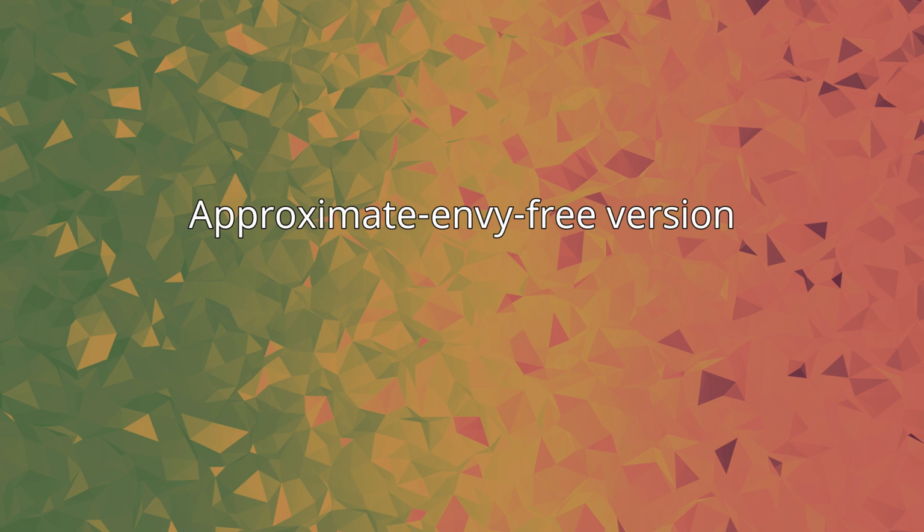A disadvantage of the approximate envy-free variant is that the pieces are not necessarily connected, since pieces are constantly returned to the cake and re-divided. See envy-free cake cutting #connected pieces for other solutions to this problem.